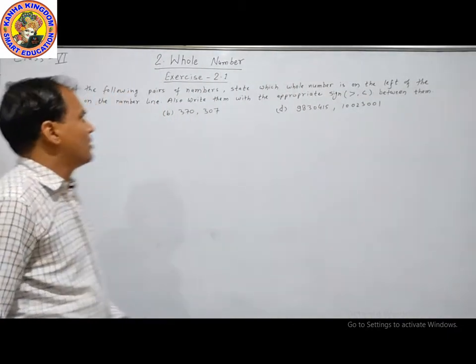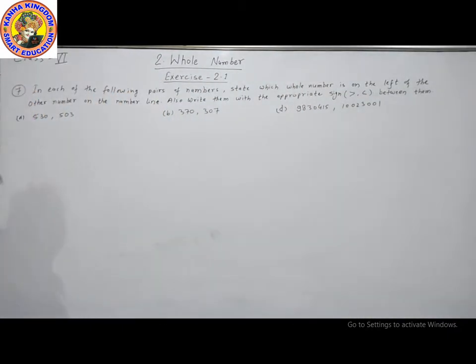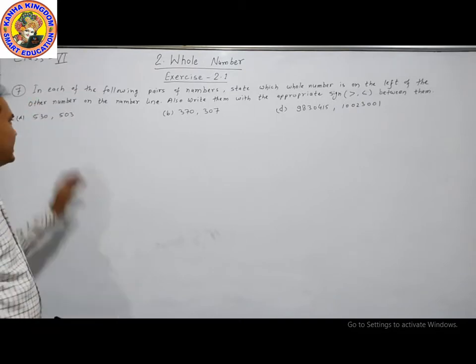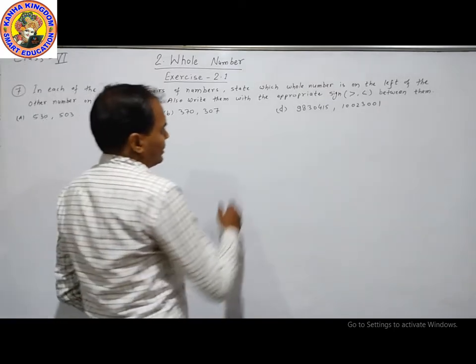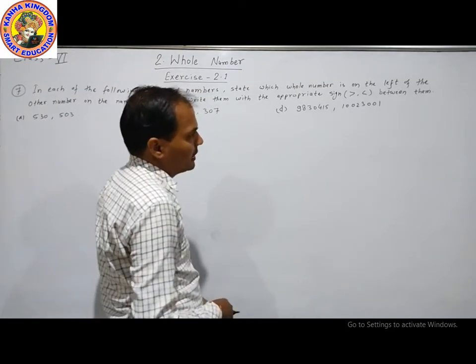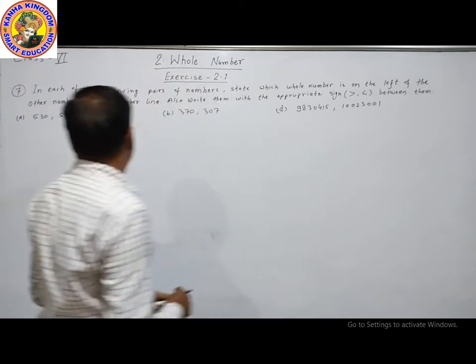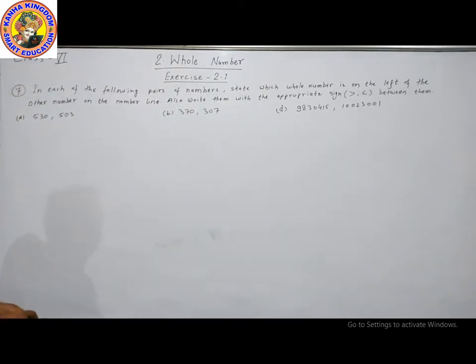So student, our next question is question number 7. In each of the following pairs, there are two numbers. State which whole number is on the left of the other number on the number line. Meaning, situate these numbers on the number line: which number is on the left side and which is on the right side.